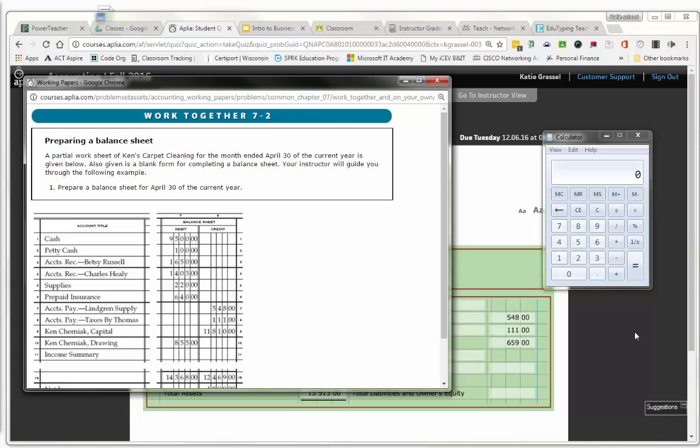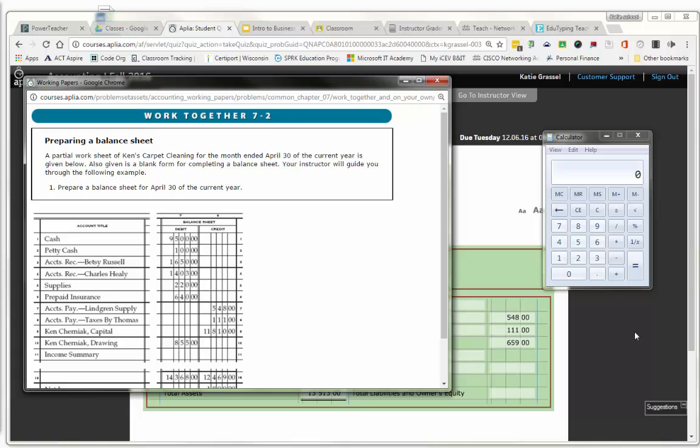So we have to go through and calculate our capital. And we calculate our capital by taking the capital that is on our section of the balance sheet here on our worksheet. So in my calculator, I would take $11,810. Now, I have to affect drawing with it. Is drawing going to increase or decrease capital? Decrease, right?